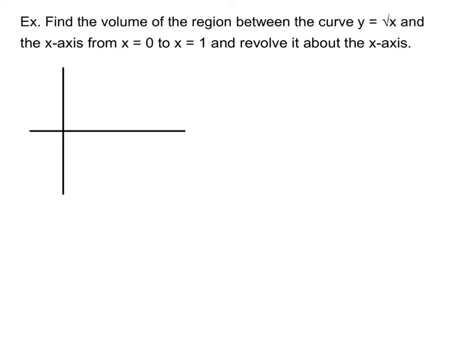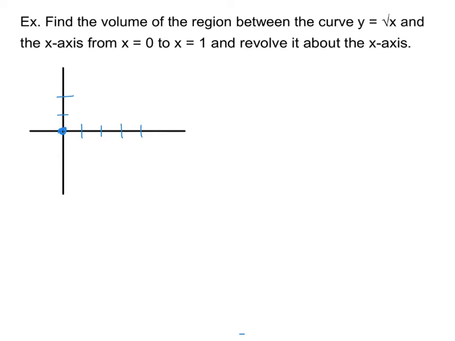So here's our first example. It says find the volume of the region between the curve y equals square root of x and the x-axis from x equals 0 to x equals 1, and then take that area and revolve it around the x-axis. The first thing we need to do is graph this. I know that the square root of x looks like this.